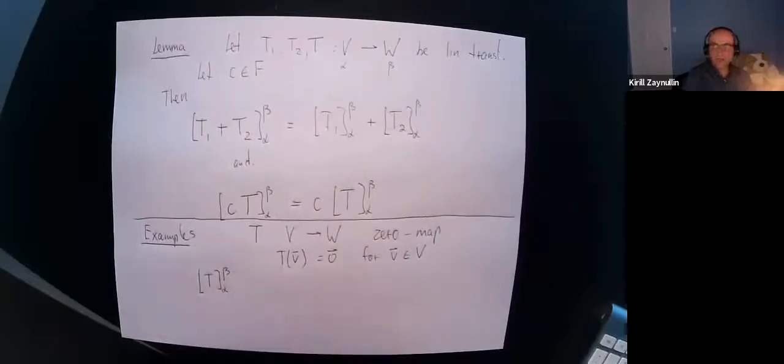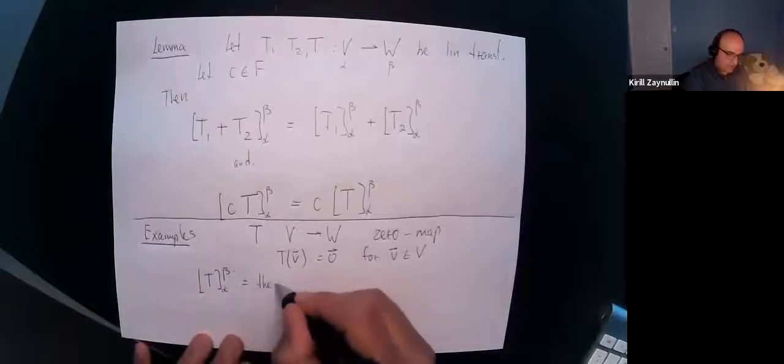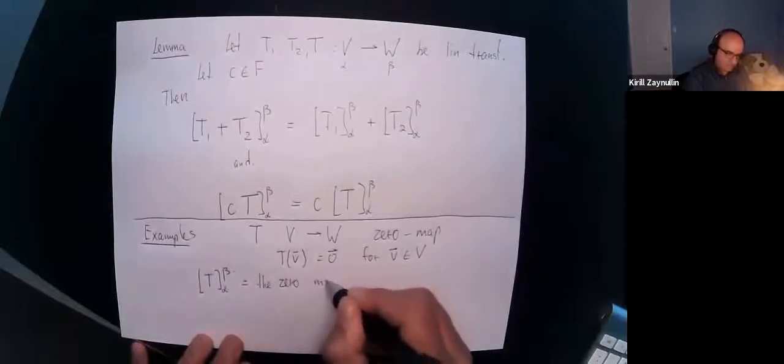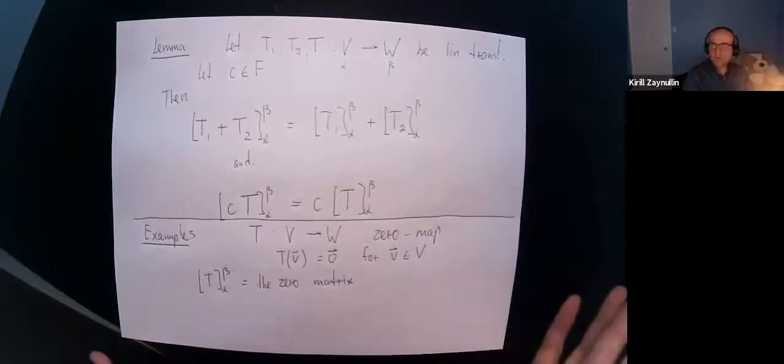Since the value of the vector is zero, when you expand it in terms of the basis, all the coefficients are zeros, right? So this is just the zero matrix. It's a matrix where all entries are zeros because all coefficients are zeros.